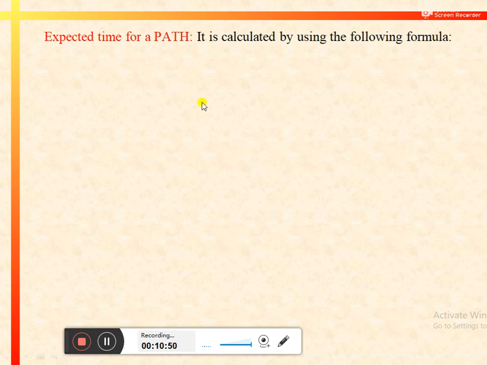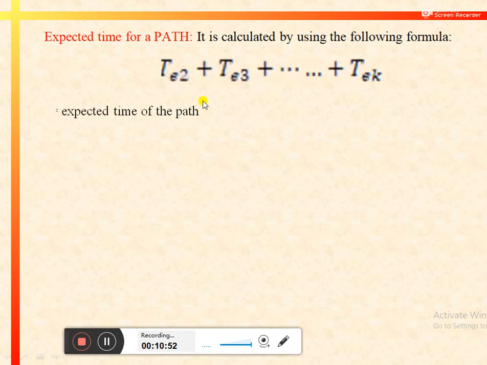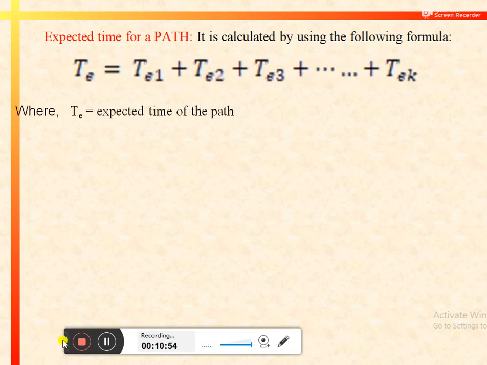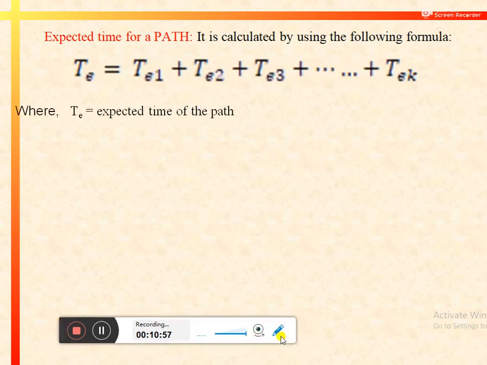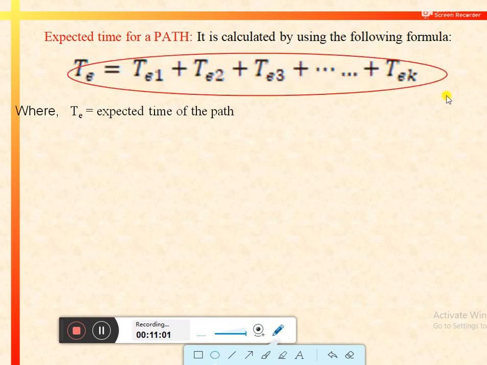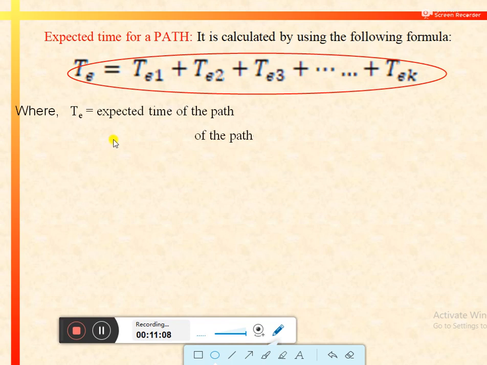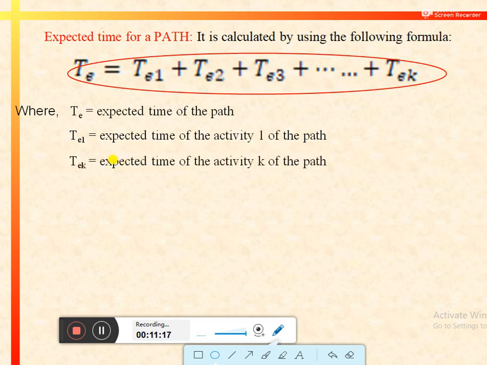So the expected time for a particular path is calculated by using this formula, where TE denotes the expected time of the path and TE1 represents the expected time of activity 1 of the path, and TEK denotes the expected time of the activity K of the path.